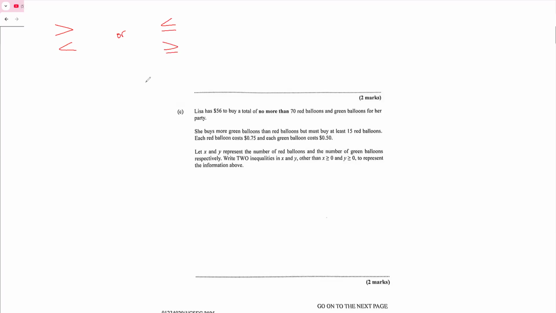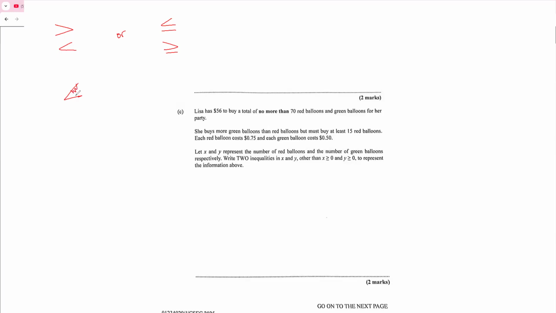Now, a lot of people mix up which one is greater than and which one is less than. The easiest way for you to remember is to think of these inequality signs as an alligator mouth. I know we're going back a bit to primary school, but once you understand it from that, there's no mixing up.